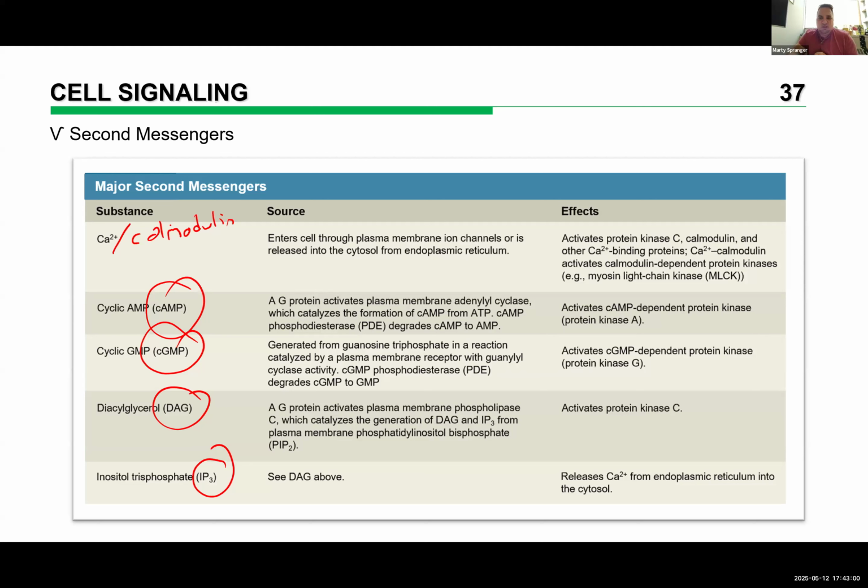No, PKA wouldn't be a second messenger. These are the second messengers here. Whether or not PKA is considered a third, I don't know. I've never heard of that, but it makes sense. But calcium often binds to calmodulin, so that calcium calmodulin complex is also a second messenger that we'll see.